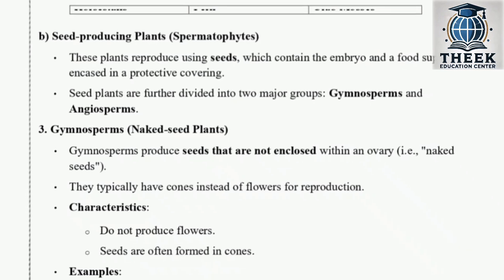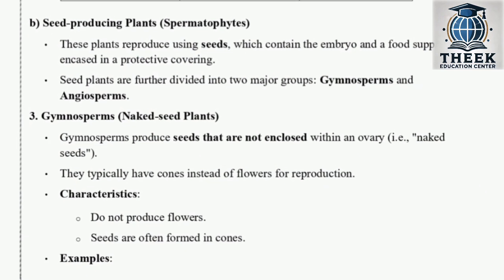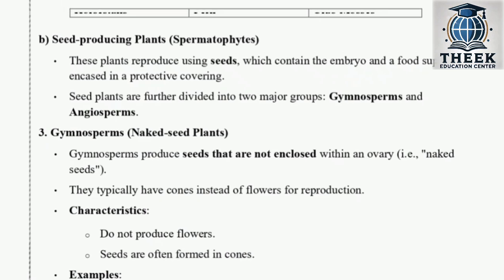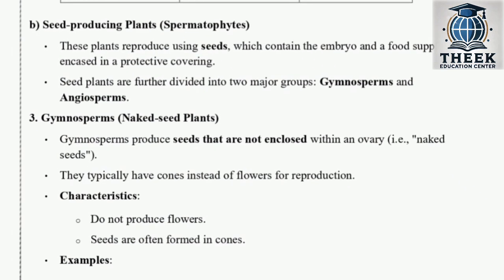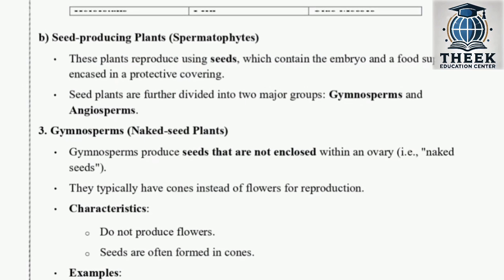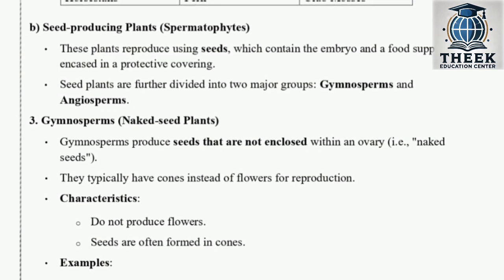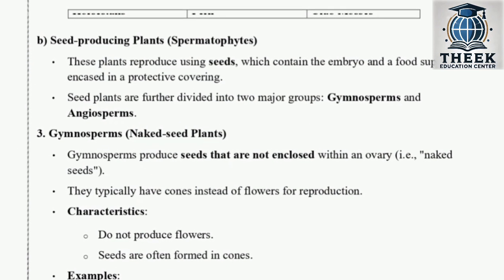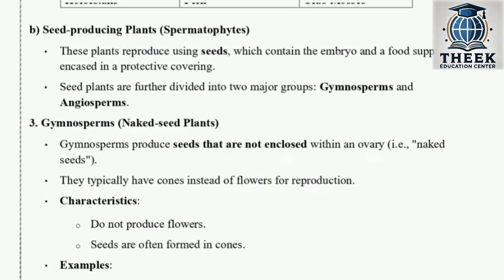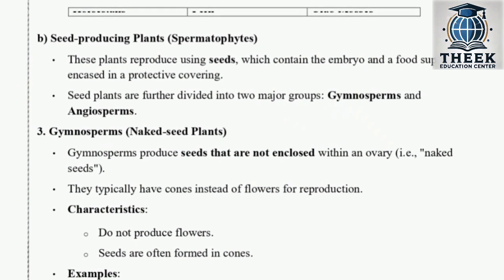They typically have cones instead of flowers for reproduction. What are the main characteristics of this particular group, the gymnosperms? They do not produce flowers. Their equivalent of a flower is the exposure of the seeds outside.